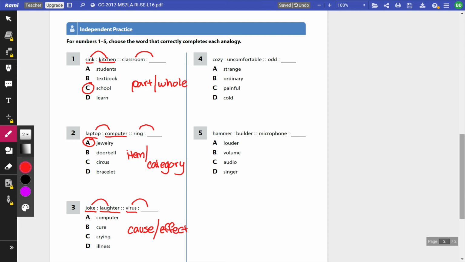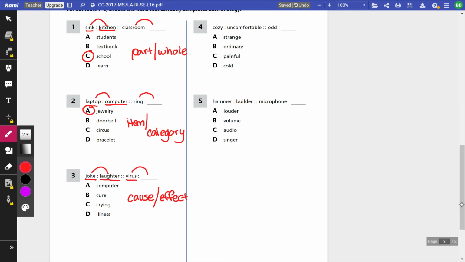So the second half of the analogy also has to be cause and effect. So if you get a virus, what is the effect? Well, it can't be computer, because that has nothing to do with a virus except for the kind that you get on your computer, but that's not really what we're looking at.